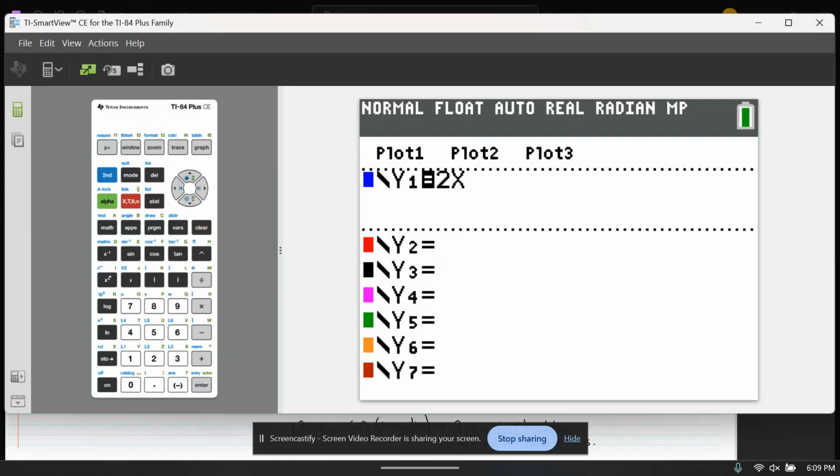When we solved that with the quadratic formula, we had complex solutions, and the discriminant, b squared minus 4ac, was negative 31. That tells me it should not touch the x-axis.